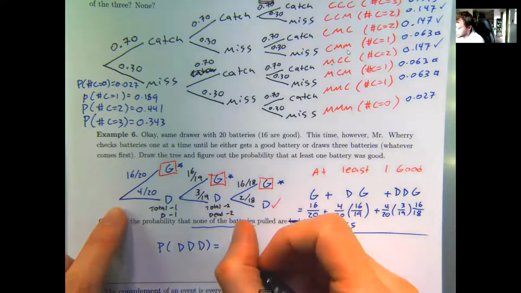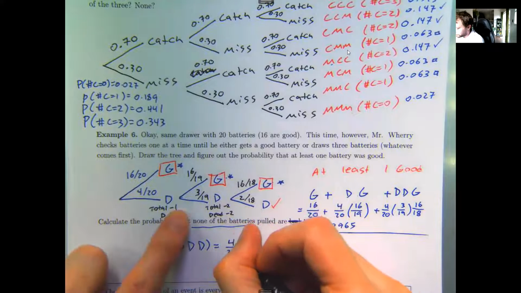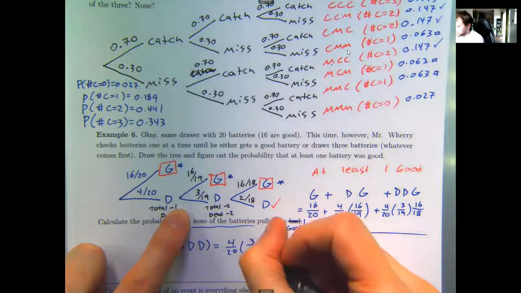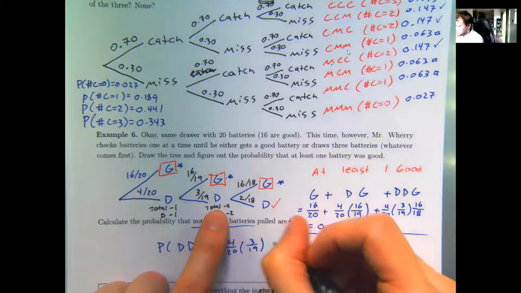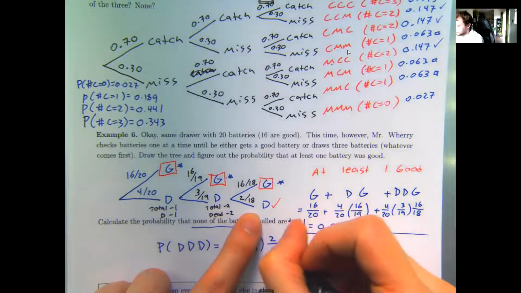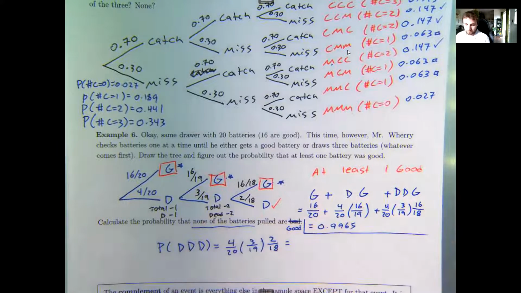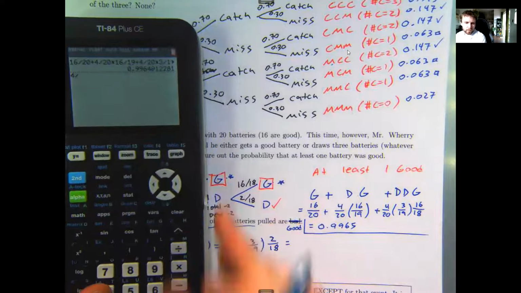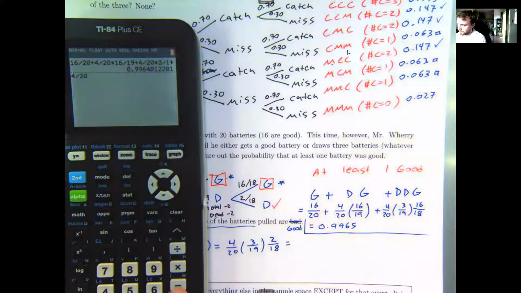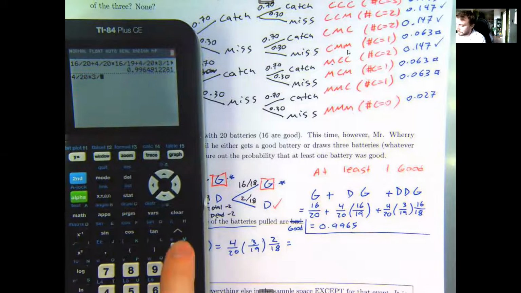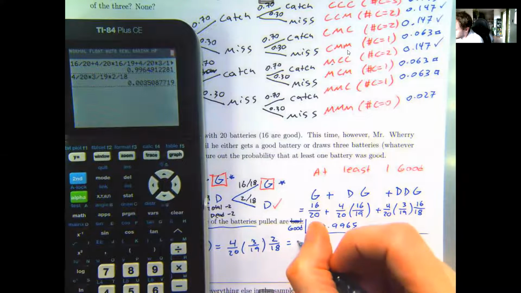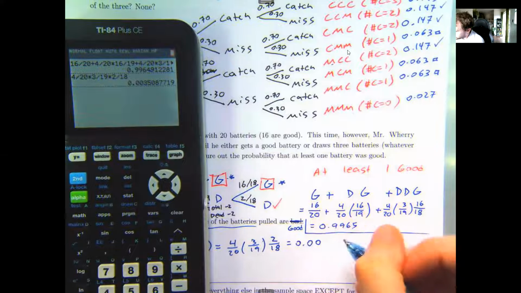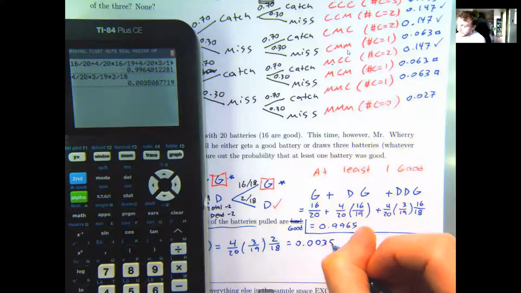I'm going to multiply these together and see what I get. 4 out of 20 for the first, 3 out of 19 for the second, and 2 out of 18 for the last. That gives me 0.0035 or so.